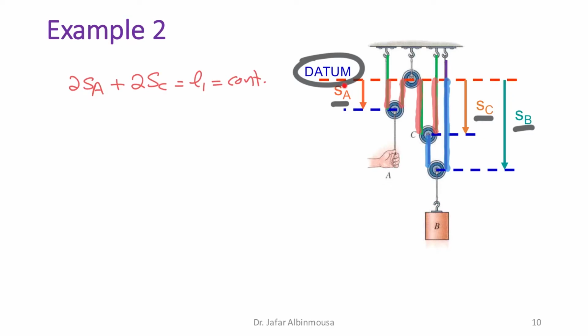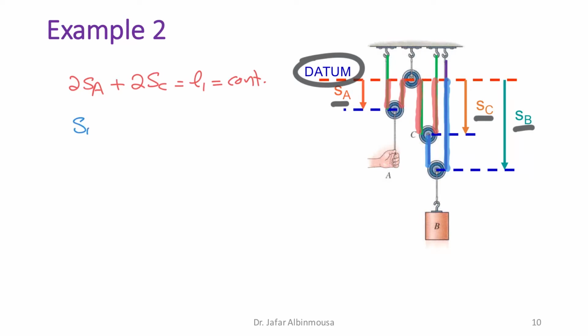Let me make sure that you see what I see. We have SA1, SA1, so two of them is equal to 2SA. We have 2 of SC, and this is why we have 2. And of course, the sum of these is equal to a constant. For the next chord, which is in the blue, we have one length, which is SB.